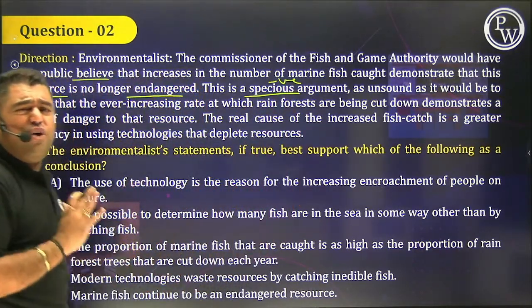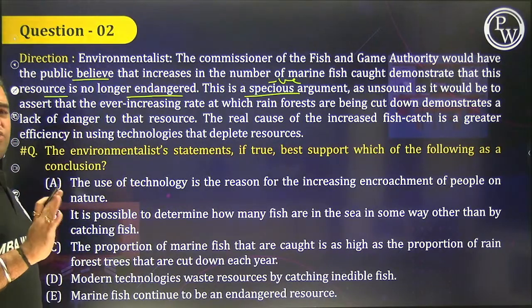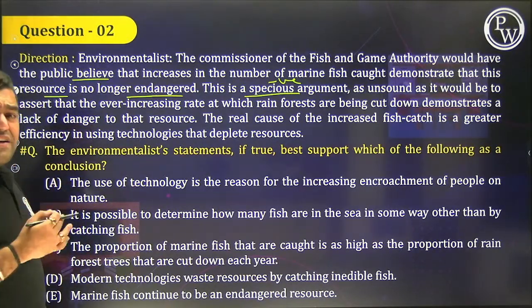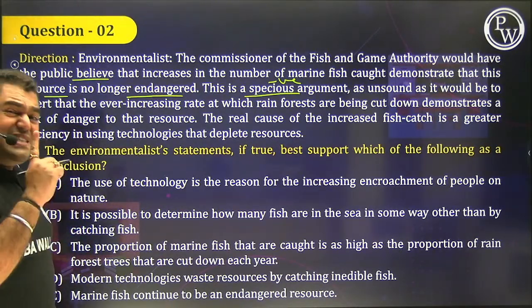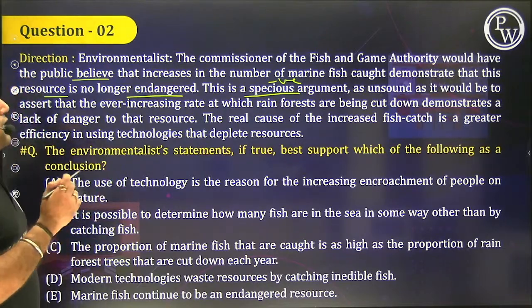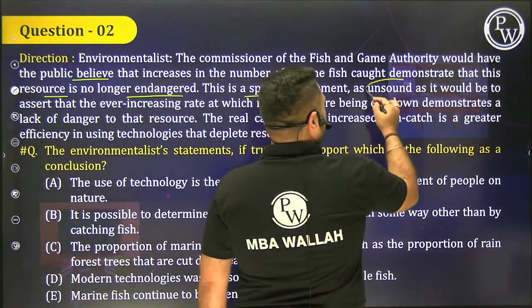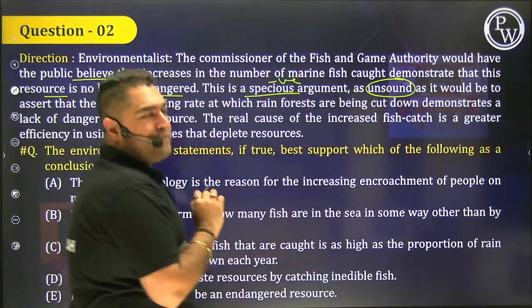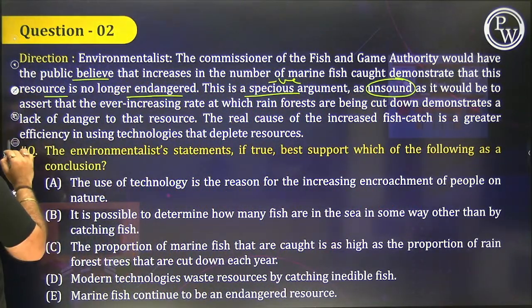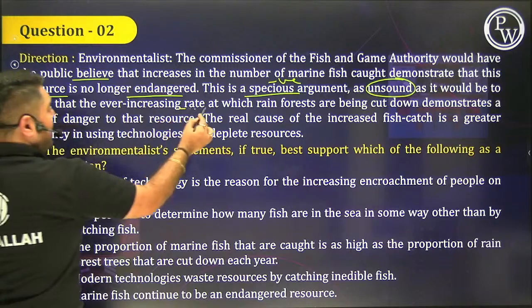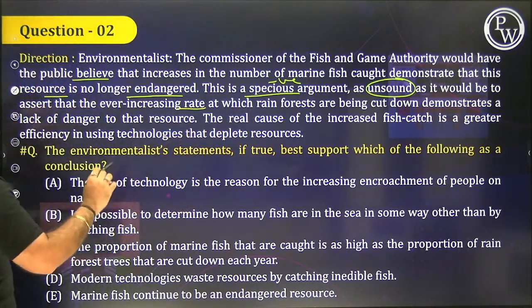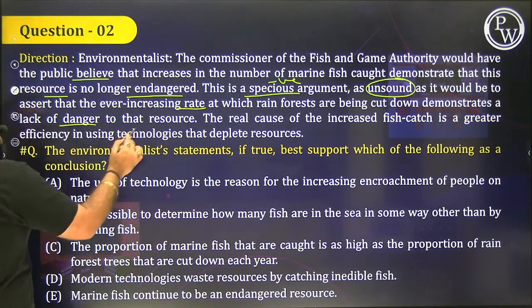All that you have to understand is this: you don't have to guess the meaning of the word, but you should at least know specious is a negative word. That's good enough for us. As unsound as it would be, and the hint is here, unsound is negative, so it's comparable, to assert that the ever increasing rate at which rainforests are being cut down demonstrates a lack of danger to that resource.